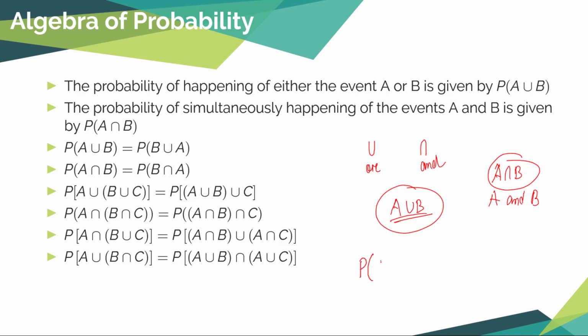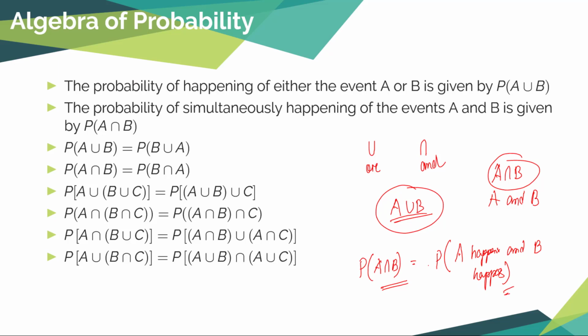So if I write probability of A intersection B, the meaning is the probability that A happens and B happens. Both should happen simultaneously.